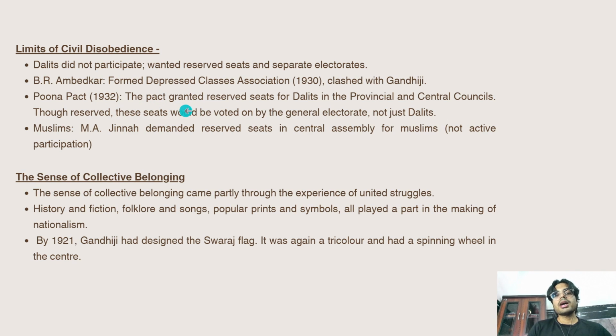According to this pact, it granted reserved seats for Dalits in the provincial and central councils. Though reserved, these seats would be voted on by the general electorate, not just Dalits.